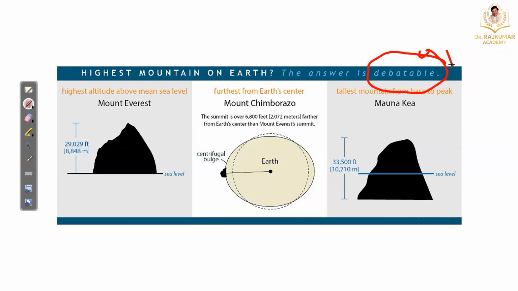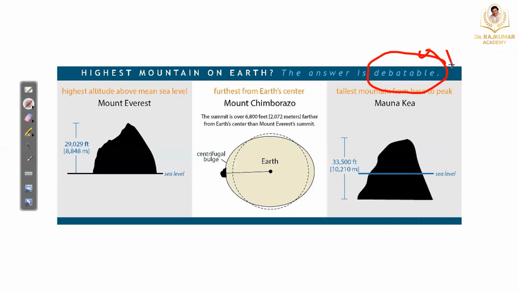For example, we know the fact that Earth's radius is not uniform. That's the reason even the small g, the gravitational attraction or acceleration due to gravity, is also not uniform throughout the Earth. So what I want to tell you is, the Earth's radius is not uniform, number one. And number two, the surface of the Earth is also not uniform.